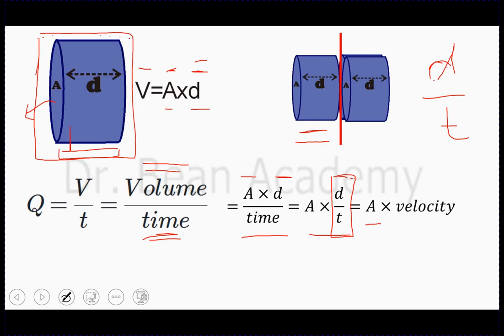So I can write it as A into the velocity of the volume of water which has covered a distance D, which is equal to its width, or you can call it the height of the cylindrical shape. So this formula will help us to solve that problem.